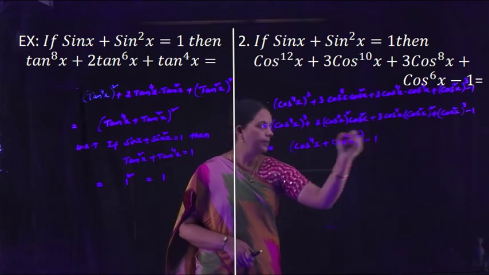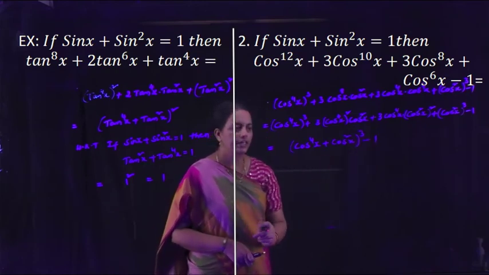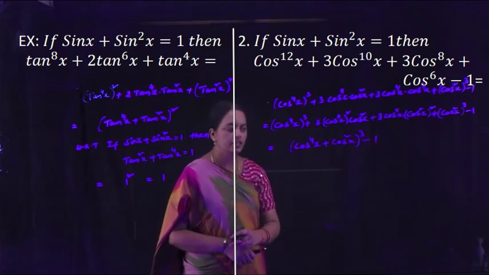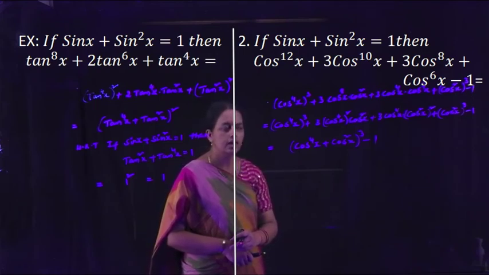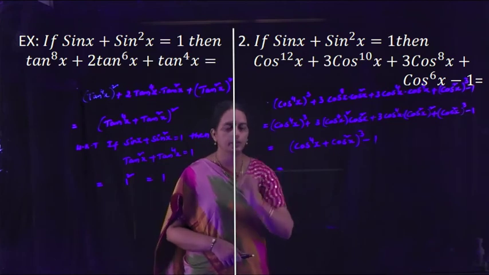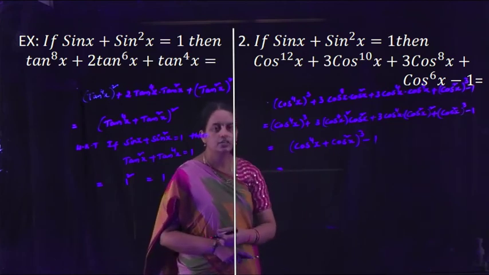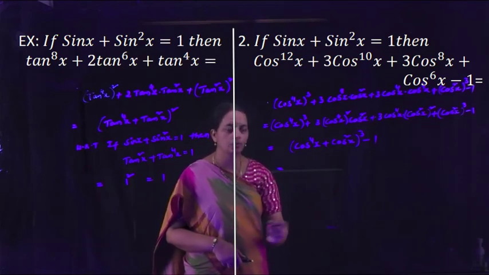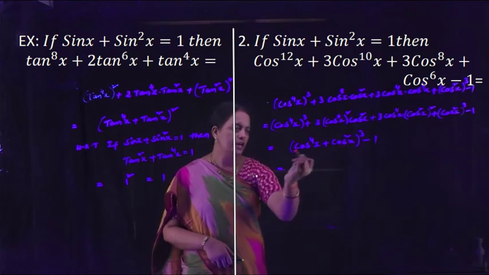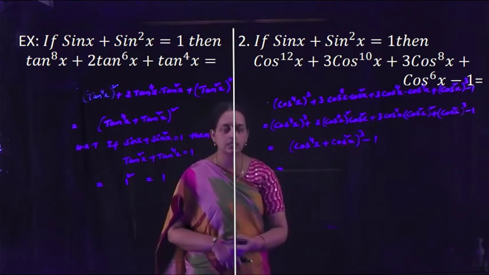From the above formula, we can write if sin x plus sin square x is equal to 1, then cos power 4x plus cos square x is equal to 1. Here we substitute cos power 4x plus cos square x is equal to 1.